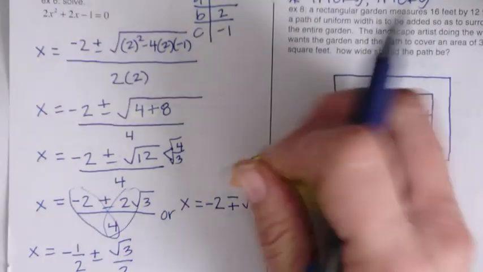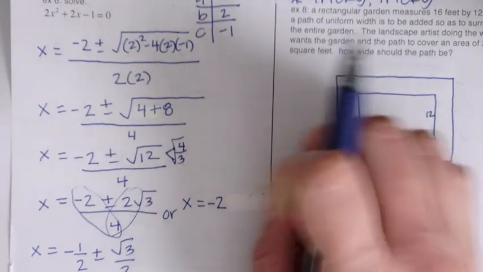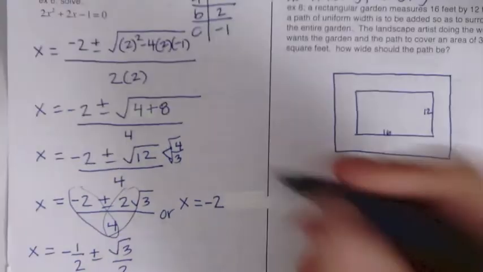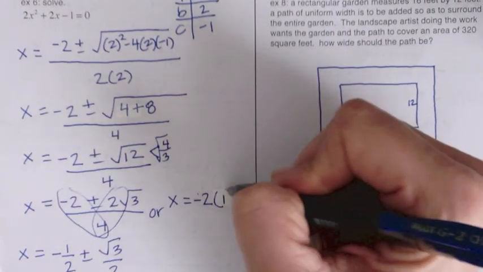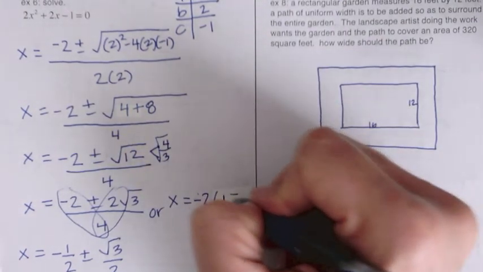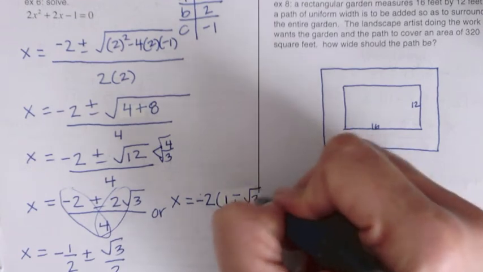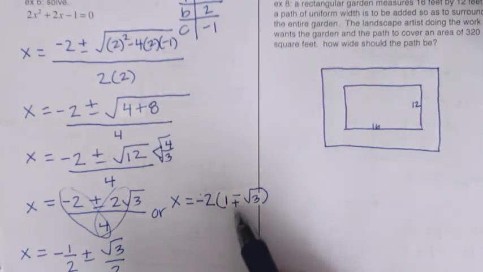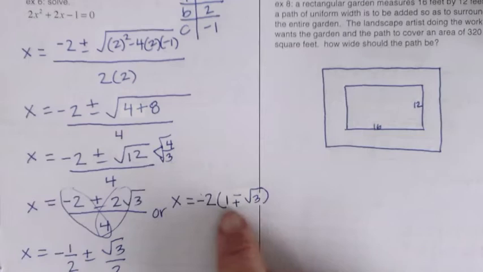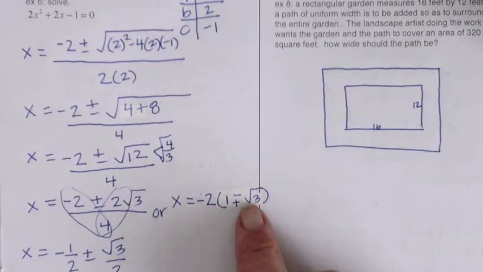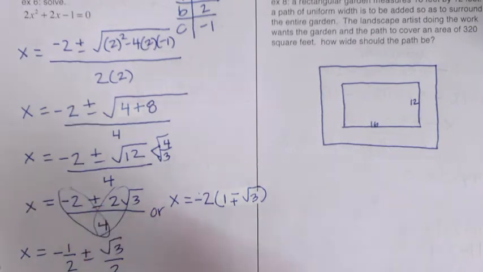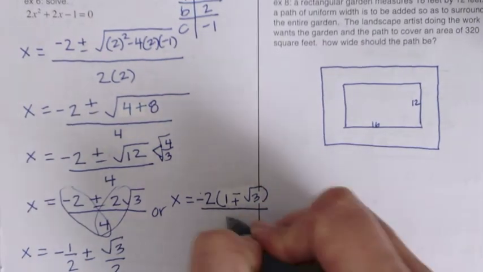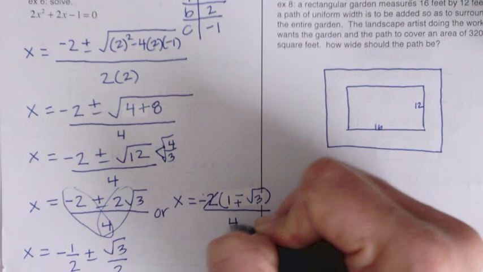Whoops, I didn't factor that out. Yikes. So what this actually looks like is we're going to get 1 because the negative 2 times 1 is negative 2. And then root 3. And again, when I write my answer, I'm going to switch those back. But you can see when I factor out the negative 2 from that, the positive one goes to negative and the negative one goes to positive, all over 4, and then these reduce right here.